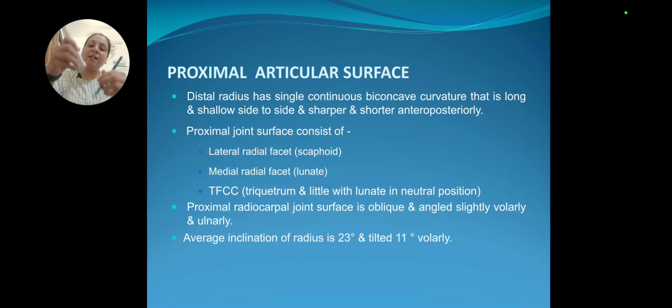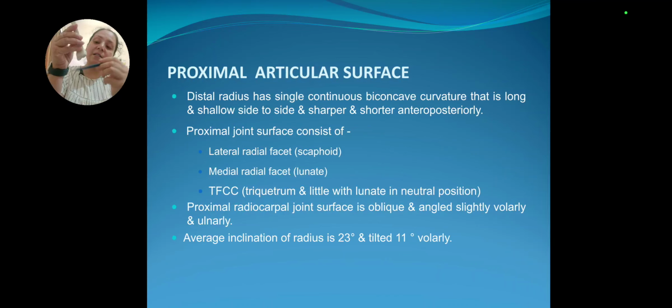And if you can see this proximal joint surface, it is an oblique surface. It is not straight, it is an oblique surface. Can you see? It is distally oriented. Can you see this surface? This part, if I take it as the radial styloid process, is really distally placed.